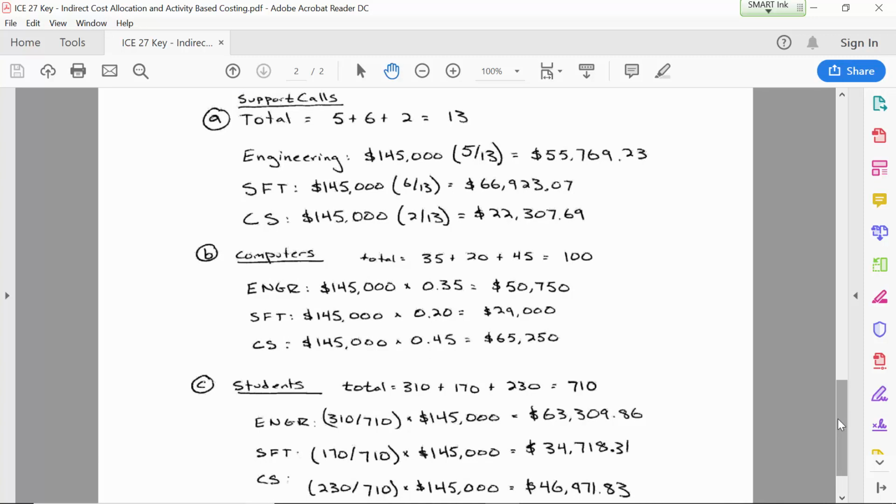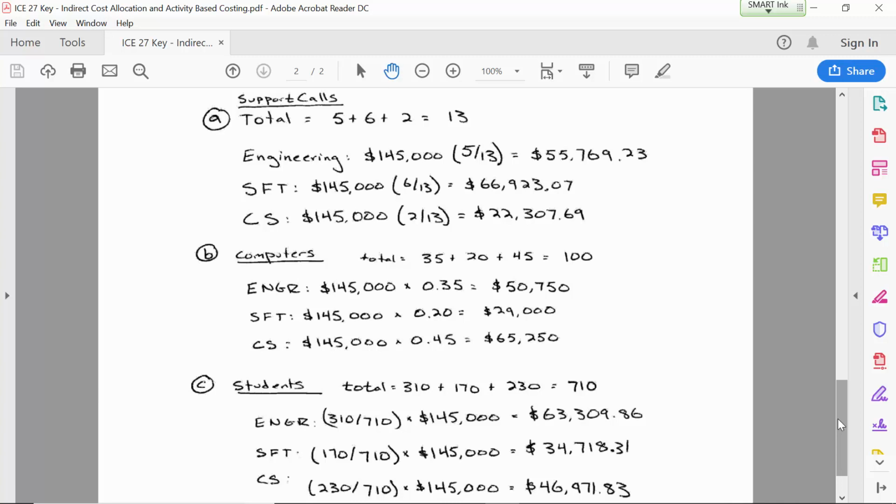If you were the engineering division, you'd be arguing that it should be on the basis of the number of computers, because that's what gives you the smallest share of the overall costs. If you were the safety division, you'd say we've got the smallest number of student enrollment, so we should pay less, no, actually, the basis of number of computers would be even more favorable for the safety division.